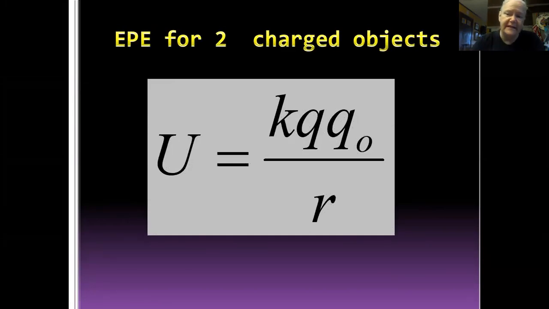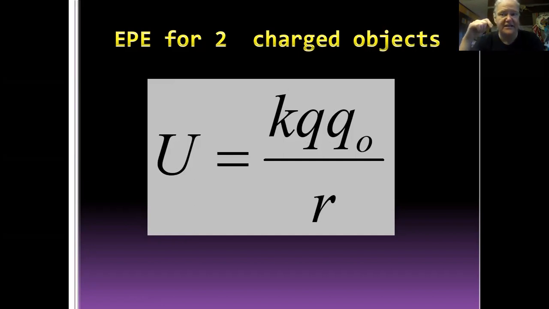Remember, the work is the negative of the change of the potential energy, so by finding the work, I can find the potential energy. Notice here, this looks a whole lot like the Coulomb's law force, except there are no magnitude signs and there's no r squared, because the displacement in the work equation canceled out one of the distances in the denominator. So I'm left with just r instead of r squared.